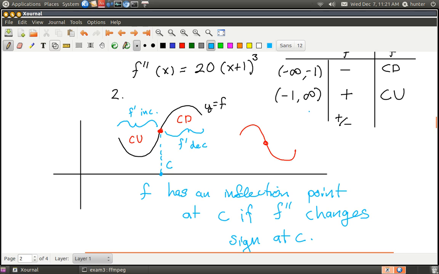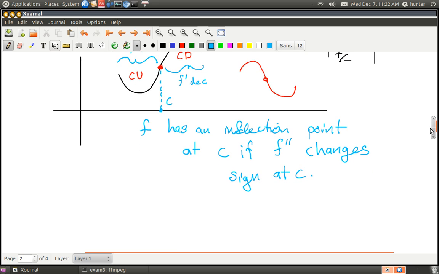Okay, and so what does it mean for f to change from concave up to concave down? Well, by this argument, it just means that f prime changes from increasing to decreasing, or vice versa. And what that means in terms of the second derivative is that the second derivative changes sign from positive to negative, or vice versa.